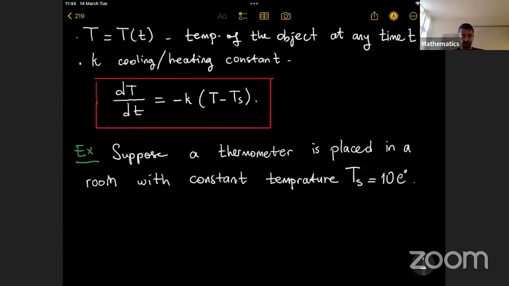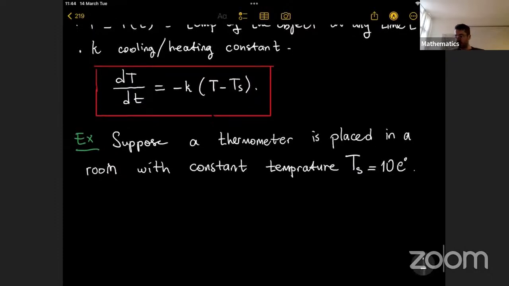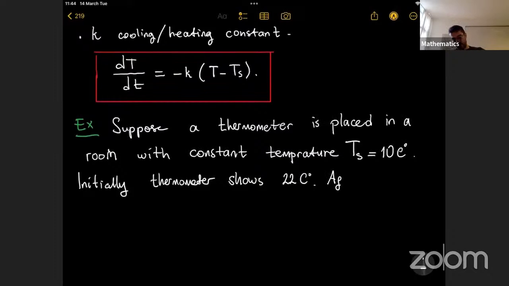We have a thermometer placed in a room with a constant temperature, 10 Celsius. Initially, the thermometer shows 22 Celsius, and after 2 hours, it shows 16 Celsius.